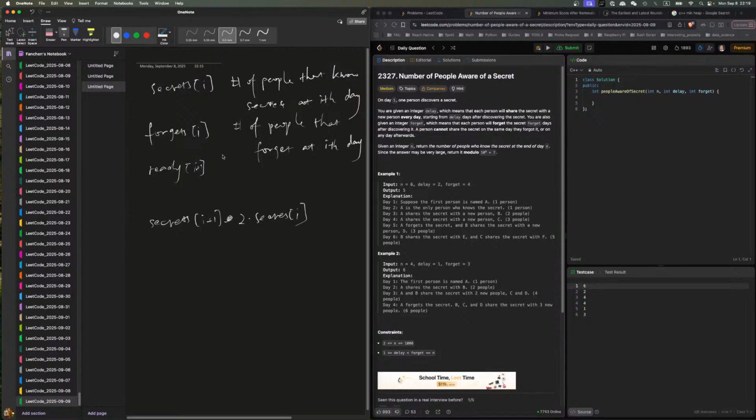So in between is just continue whatever it is, and then we'll add ready, and then forget. This is just minus.